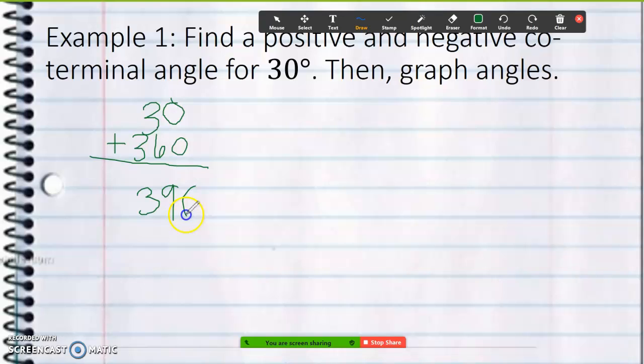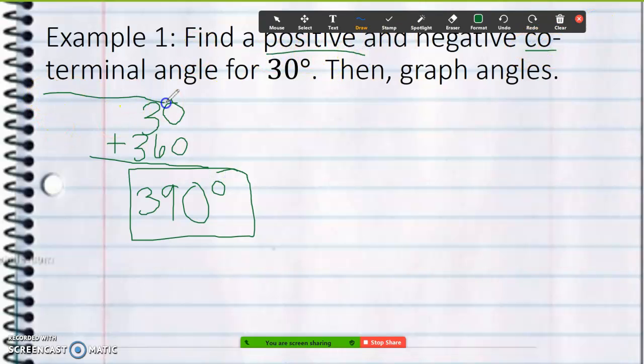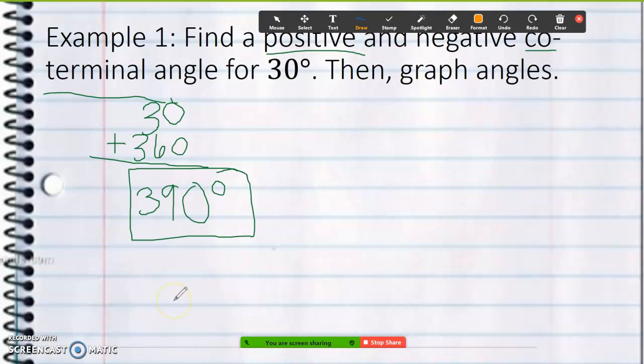My positive coterminal angle for 30 degrees is 390 degrees. You could obviously keep adding 360 degrees, and that would also be positive, but just add 360.